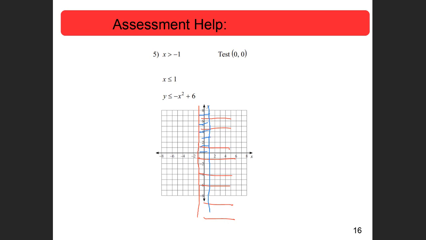Now, if I stopped right now, it's everything in between these two lines. But I have a third inequality. y is less than negative x squared plus 6. Well, that's a parabola. Shift it up 6 units, and then it opens down. I wanted a different color.